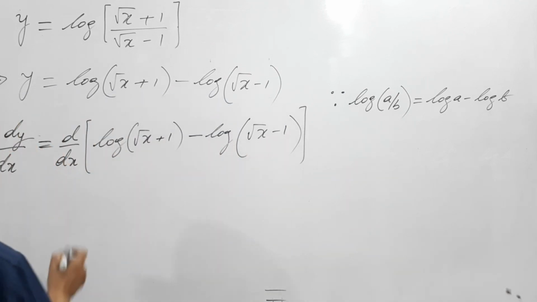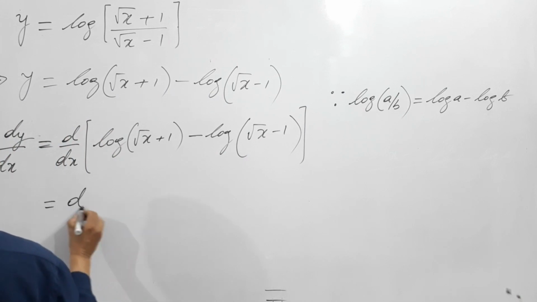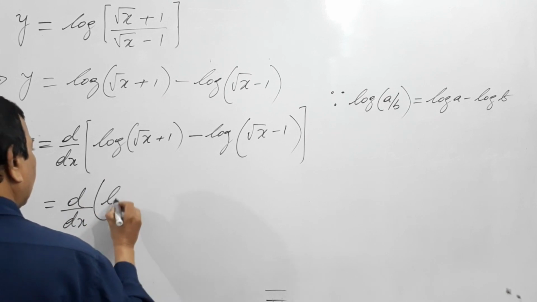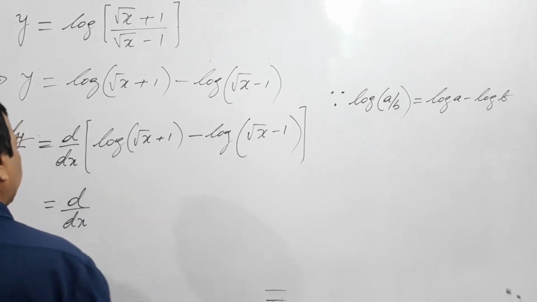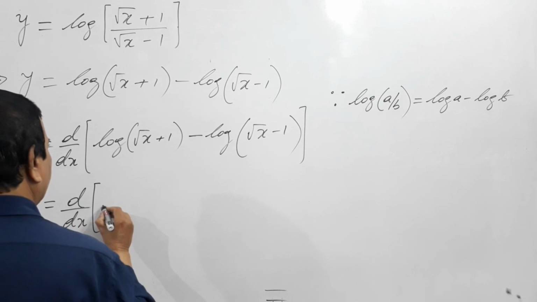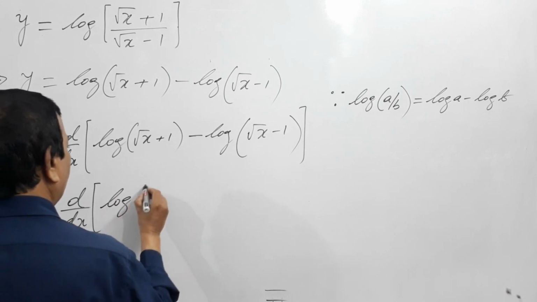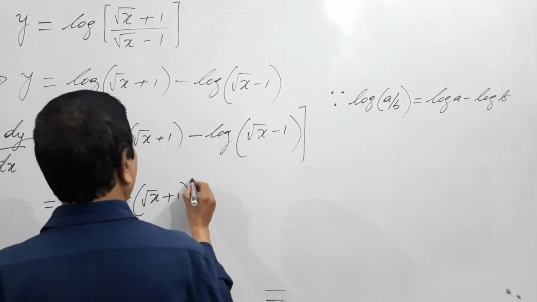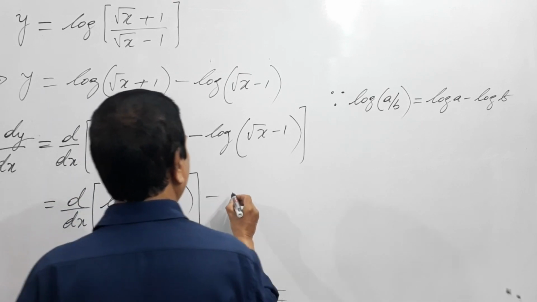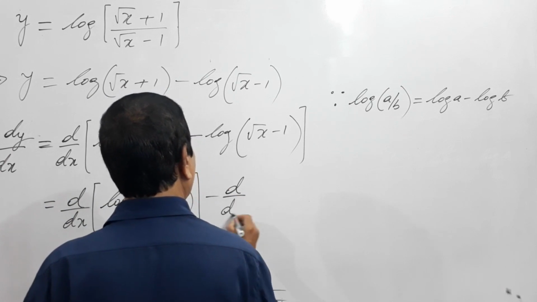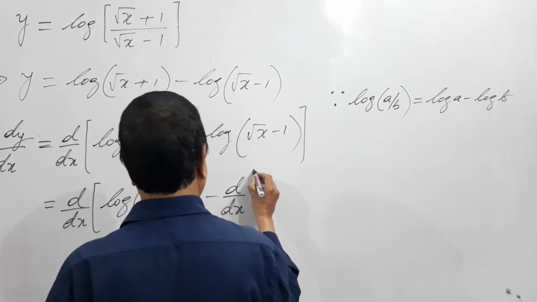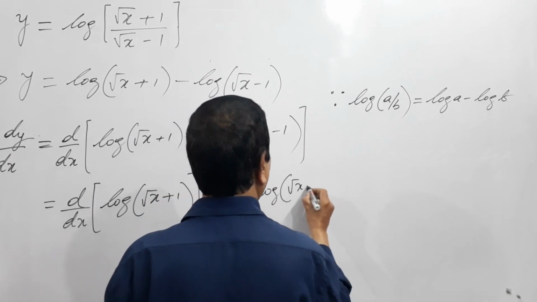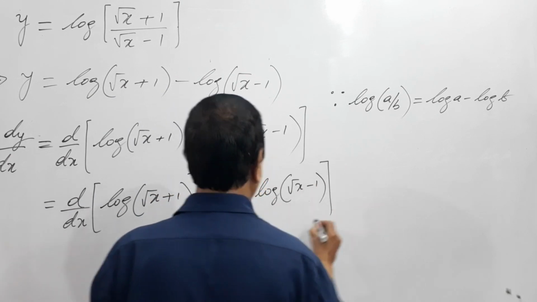So this is also equal to d by dx of, I will use a square bracket, log of root x plus 1 minus d by dx of log of root x minus 1.